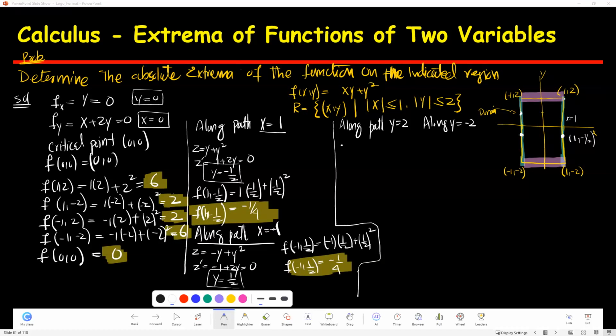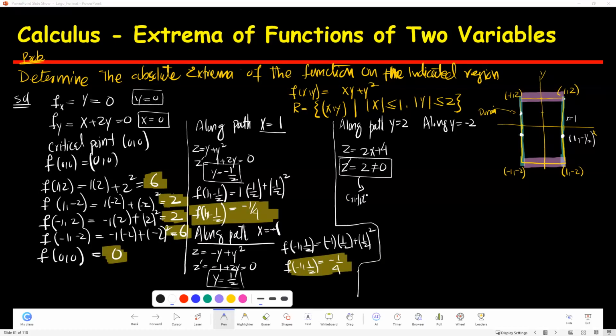Those are the lines. So z function equals to 2x plus 4 when you substitute the value of 2. Z prime when you take the derivative is going to be 2. So really there is no x left. It means cannot proceed. So this is an undetermined point, right? This is not a critical point.